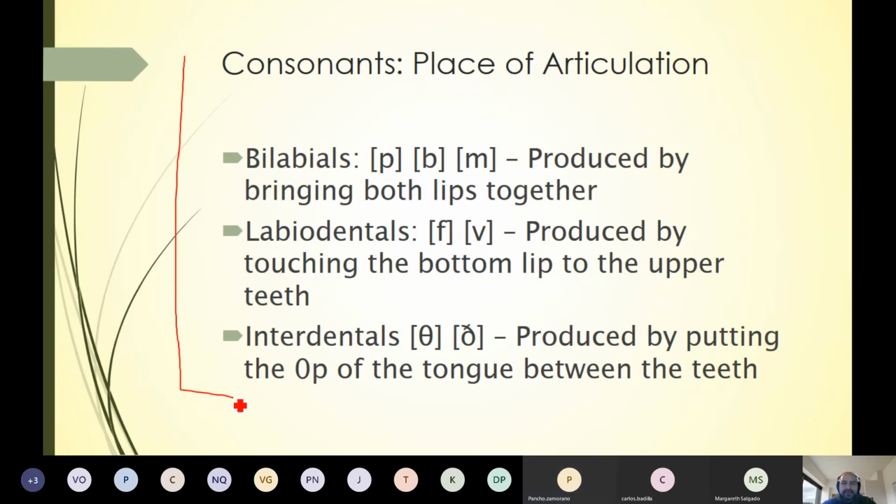Labiodentals, produced by touching the bottom lip to the upper teeth. Interdentals, produced by putting the tip of the tongue between the teeth. The teeth. That's all right.